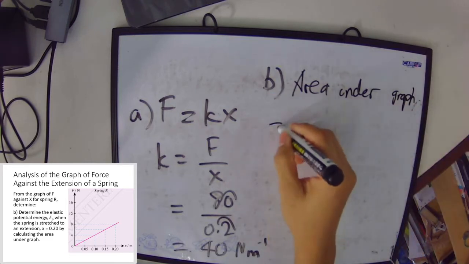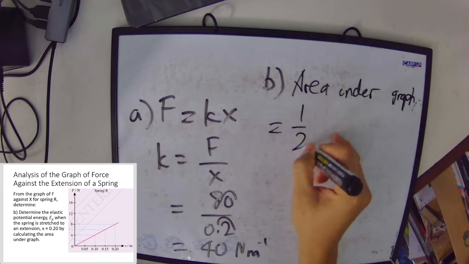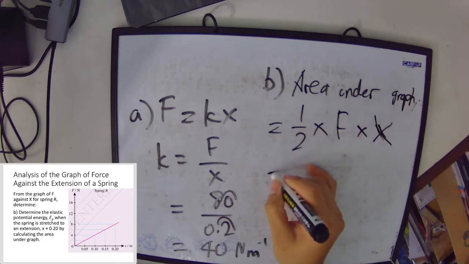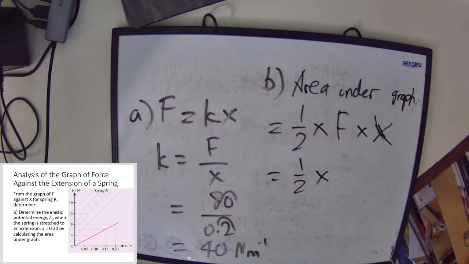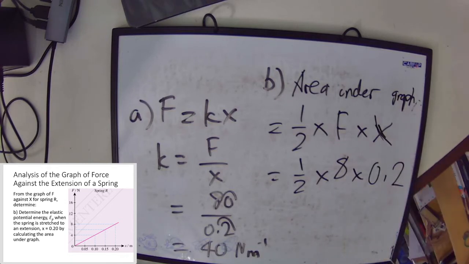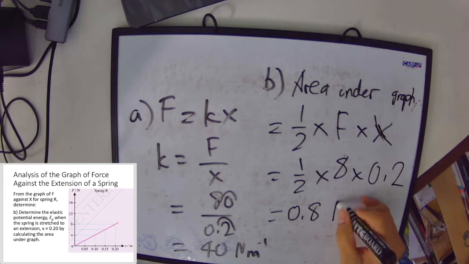Area on the graph equals, since it's a right angle triangle, 1 over 2 times F times X. 1 over 2 times F here is 8, and X here is 0.2. If we calculate that, we'll get a total answer of 0.8 newtons.